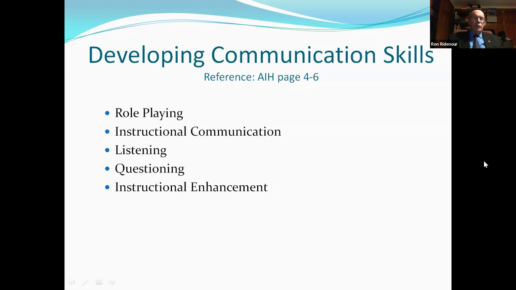Let's say they say, I don't really understand this coordination thing. How do I coordinate, and why am I coordinating between the aileron and the rudder? If you don't really understand what they're trying to communicate to you, it's very difficult for you to offer some instructional aid to their dilemma. So it's important when you listen to them that you get the message across.